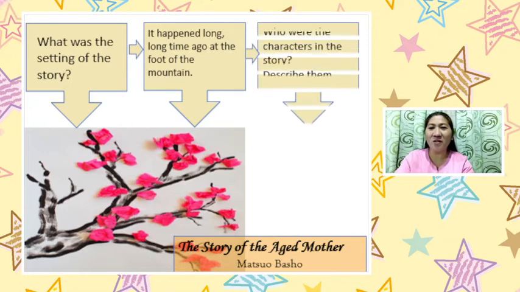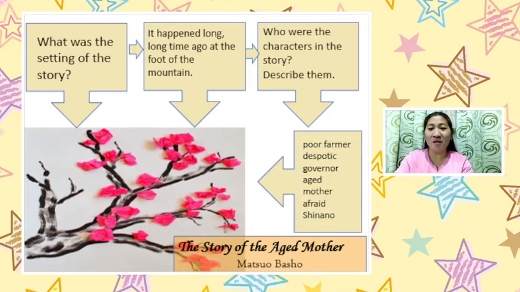Who were the characters in the story? Describe them. The characters in the story were the poor farmer, the despotic governor, the aged mother, and the afraid Shinano people.